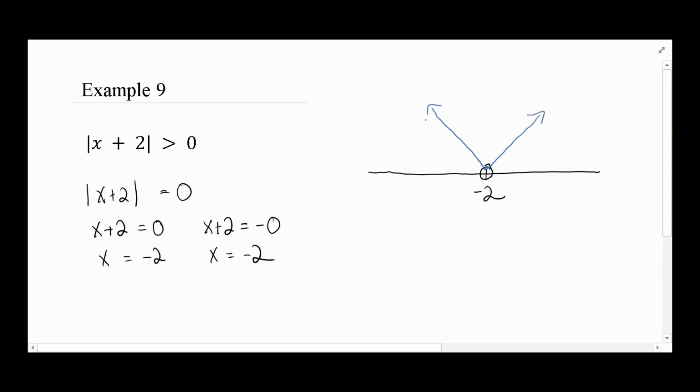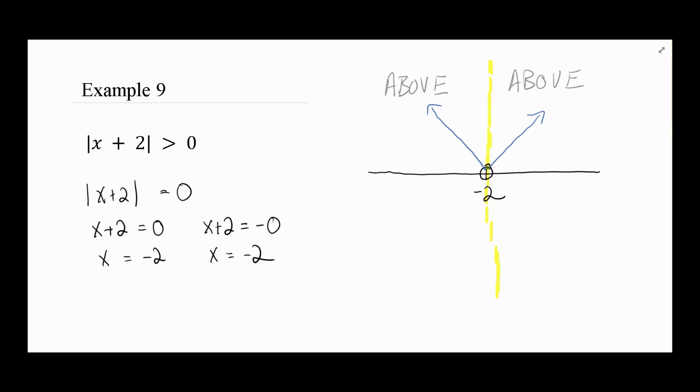Now instead of the pattern we're used to of above, below, above, we only have two chunks we're looking at. The chunk on the left, the V is above. The chunk on the right, the V is also above. It's not below the line over there, it's above on both sides.